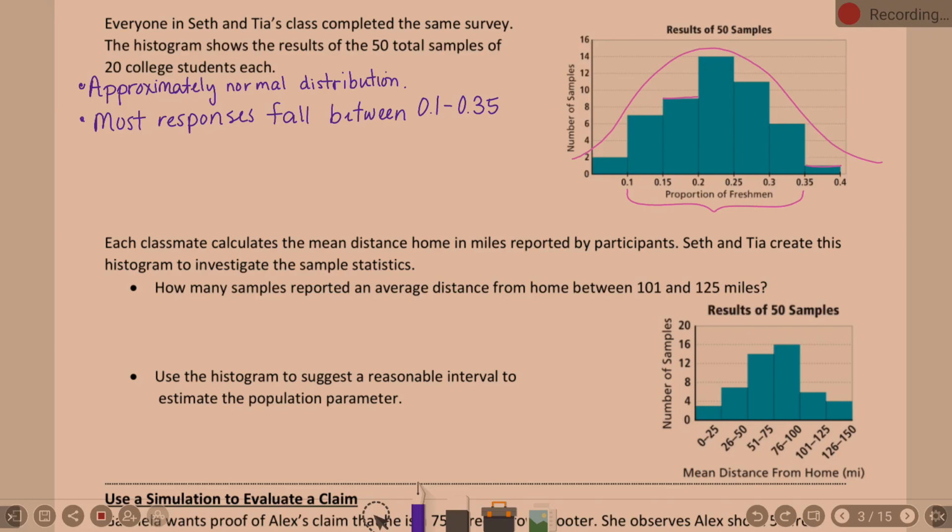So reasonable to expect, I'm just going to say freshman proportion in this range.